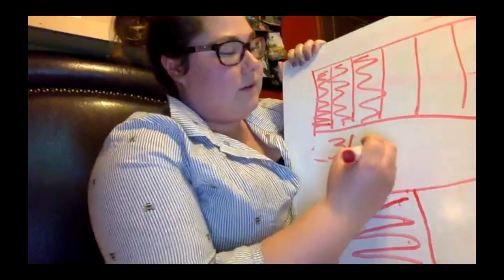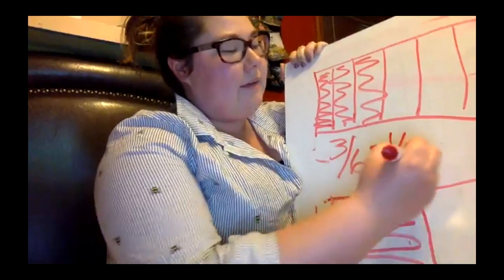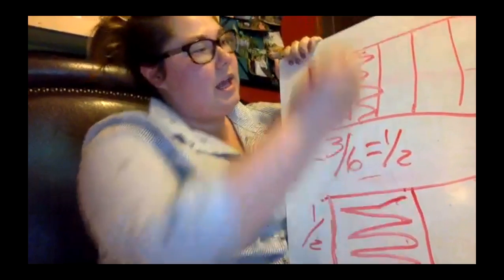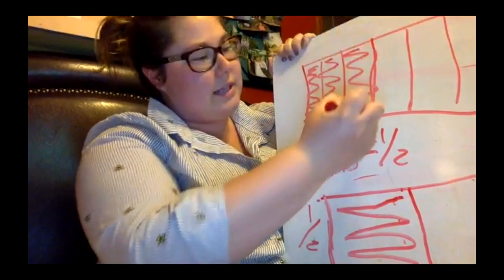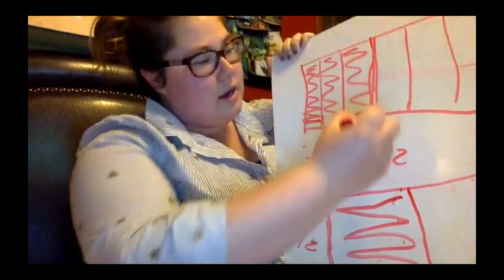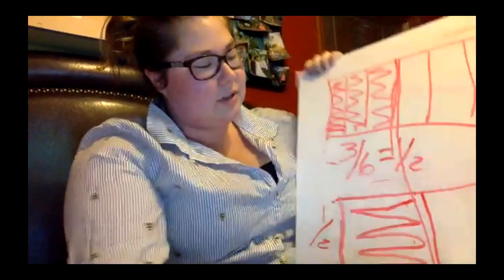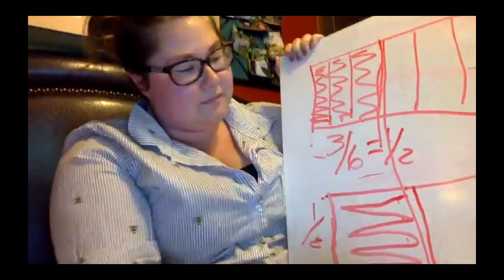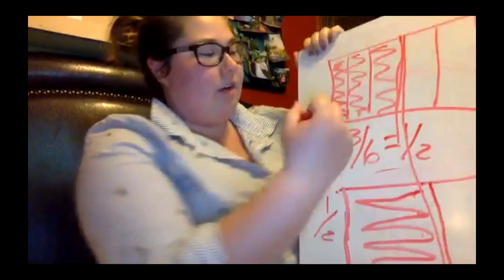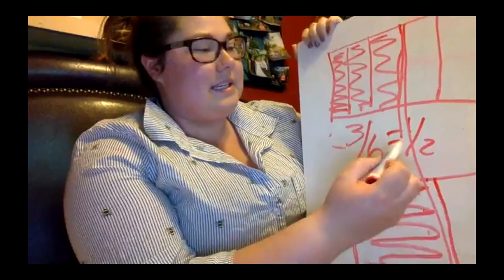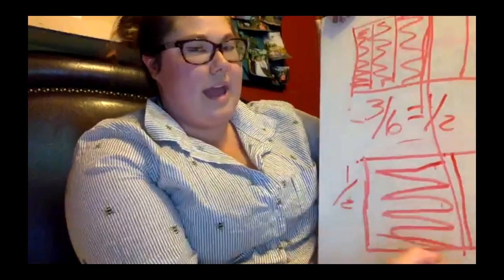Because 3/6 equals 1/2. Because this is the same candy bar length, so if we directly just draw this line straight down, it's going to match up exactly. So we can see how 3/6 is equivalent to 1/2.